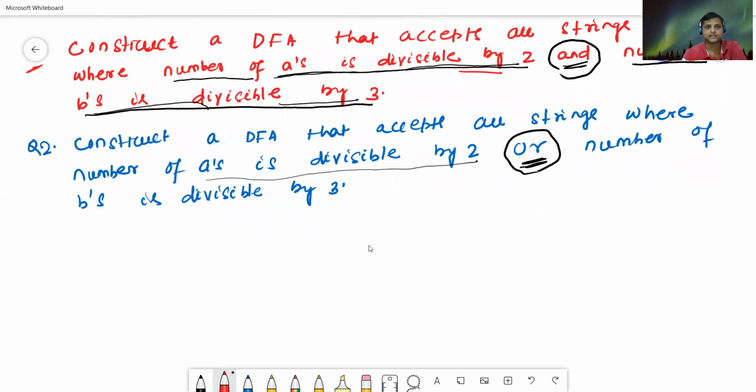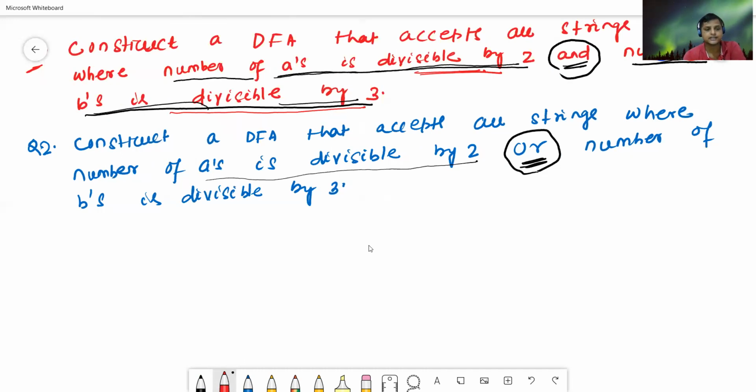See here how to construct. First we construct a DFA that accepts all strings where the number of A is divisible by 2. Then in the second step we'll construct the one for the number of B's divisible by 3.